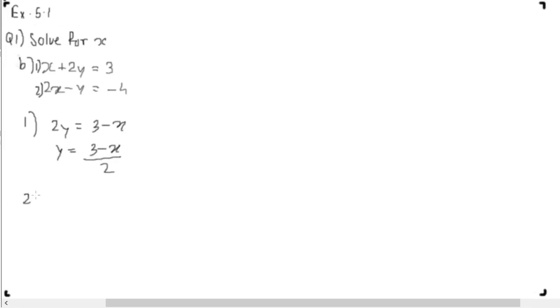Then for equation 2, minus y is equal to minus 4 minus 2x. Then you would switch the signs, so y is equal to 4 plus 2x, right?